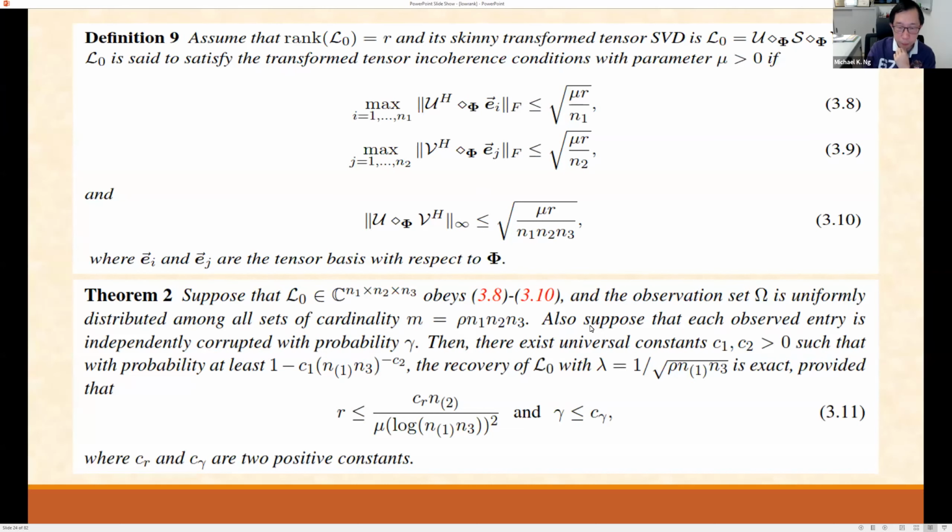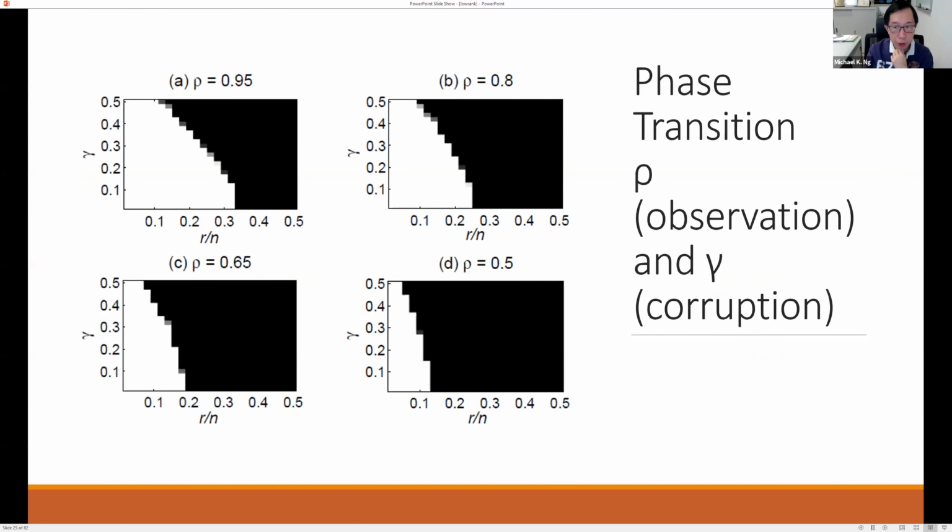Okay. So this is the phase transition diagram to show, for different gamma and different rho, also the rank compared with n. Suppose now we deal with a third order tensor, n by n by n. So what is the ratio? If it's a low rank tensor, you can recover.